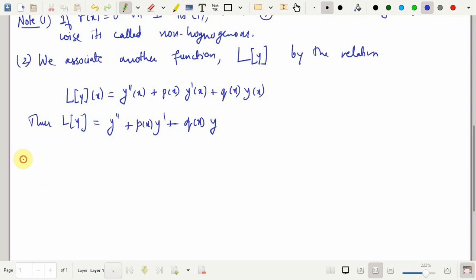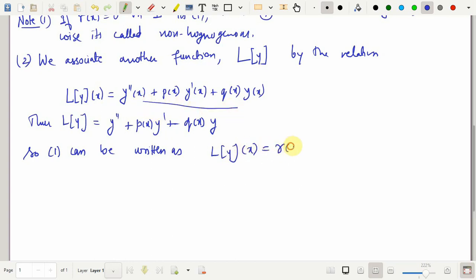So, the given equation 1 can be written as L of y, because the left hand side is this operator, treated at x, is equal to r of x. Now, that is 0 or non-zero depending on what kind of differential equation we are discussing. So, if I take this as my L of y, there are certain properties which I will be proving.